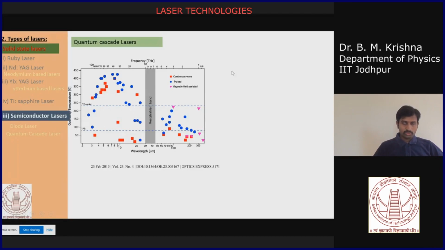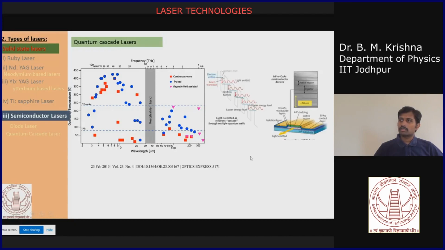Right now, these cascade lasers are available in the range of 2 microns to 300 microns, and these are the operating temperature conditions, and these are the devices. You see the active region is designed in such a way that you have proper energy bands to match for lasing action.